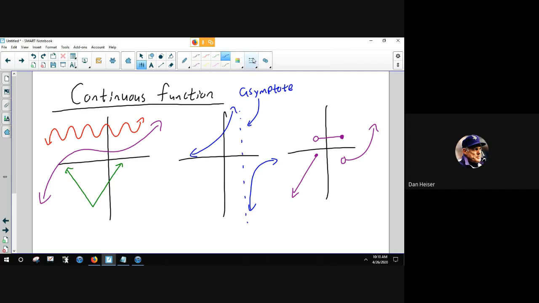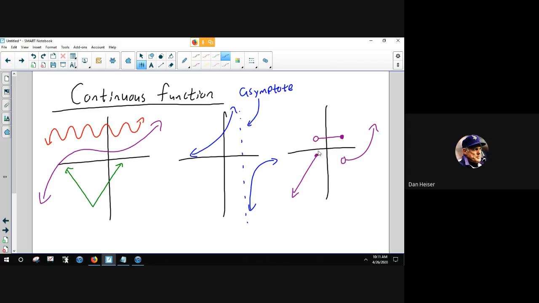Now, the question is, why are these still functions? Doesn't this violate the vertical line test? Well, no. Because a vertical line going through here only hits one point. Remember, an open circle means don't count that. We're going to use it as a starting place, but we're not going to count that specific value because we're counting this value.